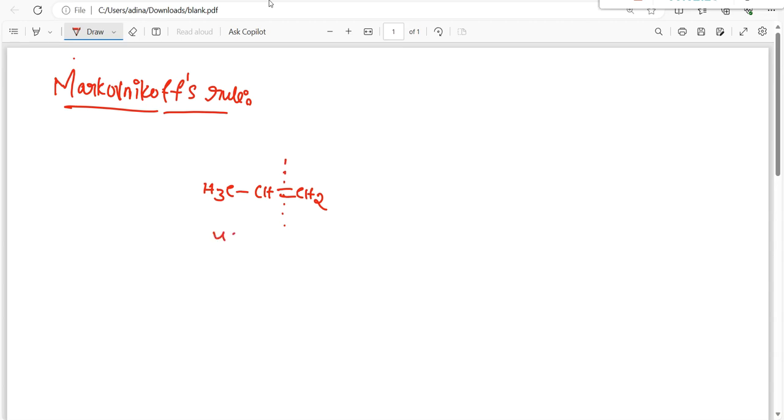This type of double bond is called an unsymmetrical alkene. When an unsymmetrical alkene is used, we apply either Markovnikov's rule or anti-Markovnikov's rule, depending upon the conditions.